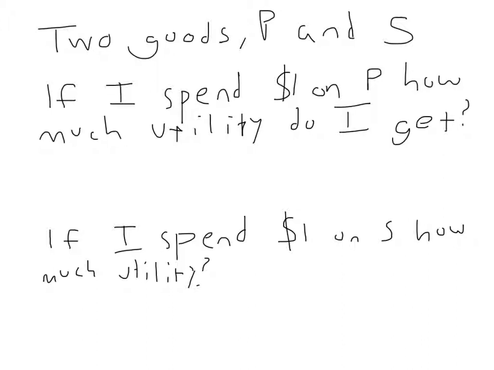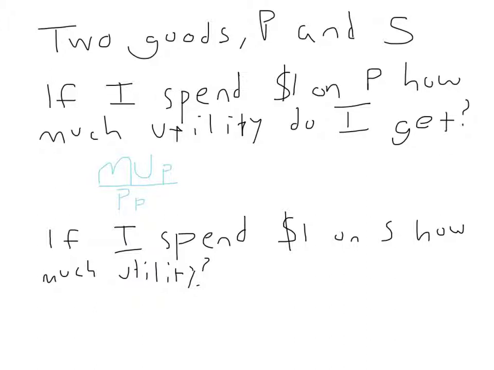Well, for starters, we're going to get the marginal utility from consuming one more pizza. But if we only have $1, then we don't necessarily get a whole pizza. A whole pizza might cost $5. What we get is a fraction of that pizza, and that fraction is 1 divided by the price of the pizza. So if a pizza is $5 and we only have $1, then we'll buy a fifth of a pizza.